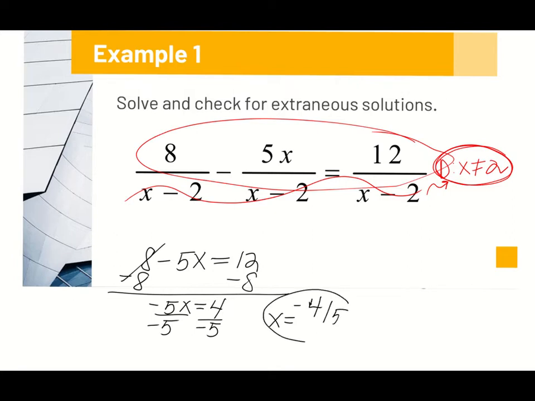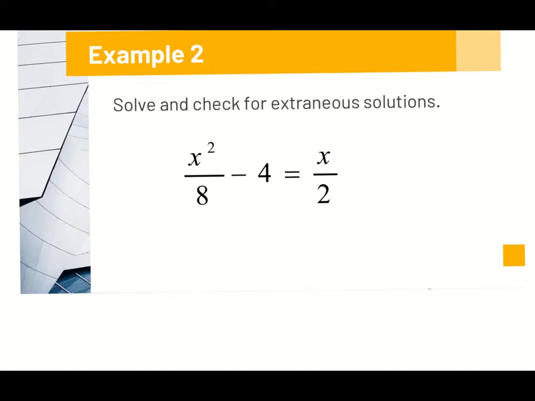So this would be my solution. Check to make sure that it's not an extraneous solution. Well, it's not positive 2, so it's not going to be an extraneous solution. So if you take this and you plug it in, you should see that it's going to make this a true statement. You can always check that on your test just to make sure that you do have the correct answer, because it should equal on both sides when you plug it in.